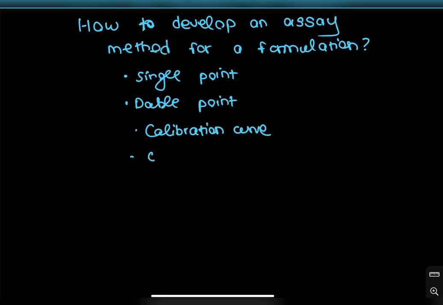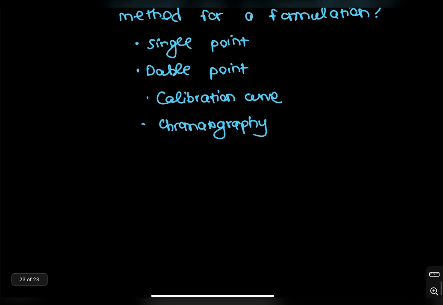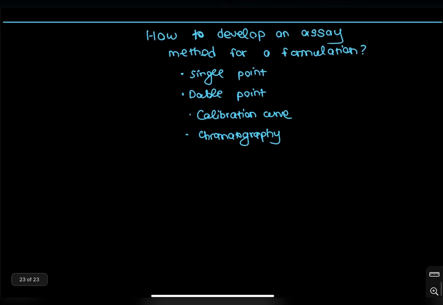You have the chromatography method. In this chromatography method, you have HPLC, GC, and various other chromatography methods. You have the specific absorbance method, wherein you use the formula of Beer-Lambert's law, which is A equals ABC.